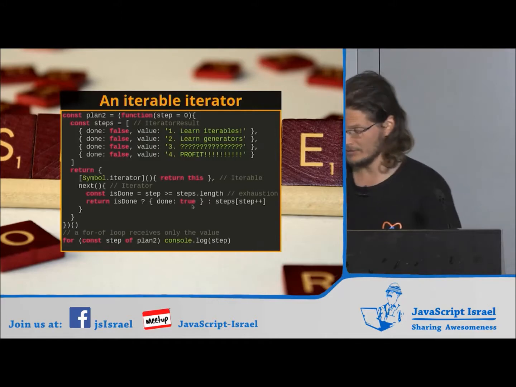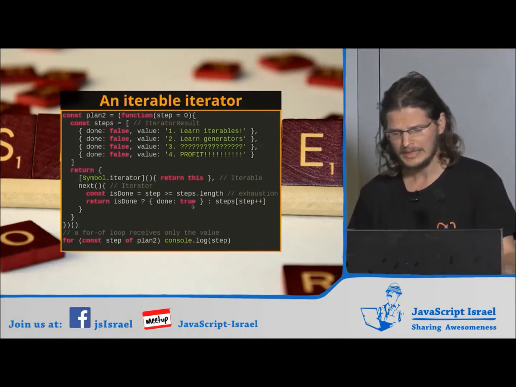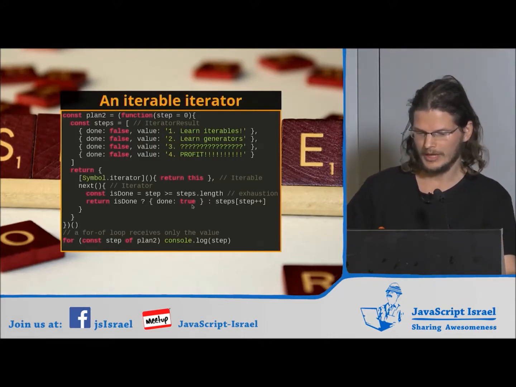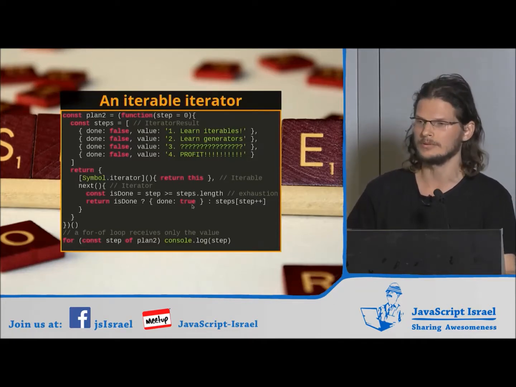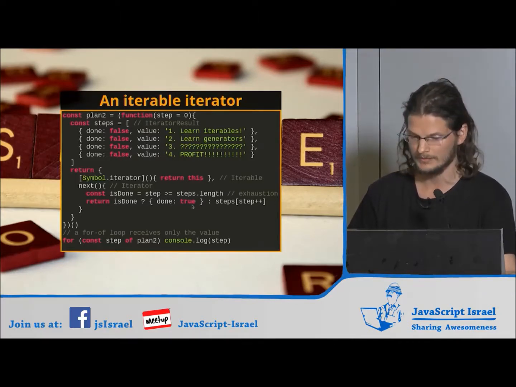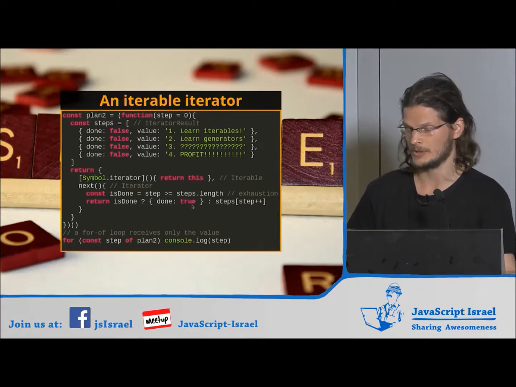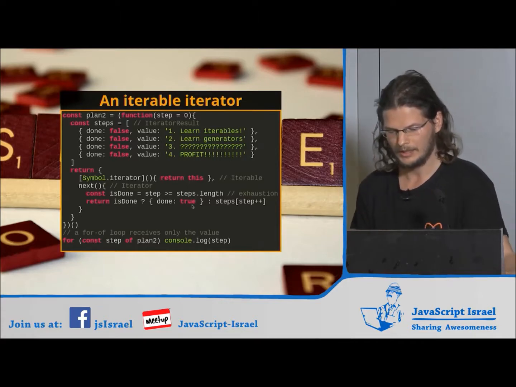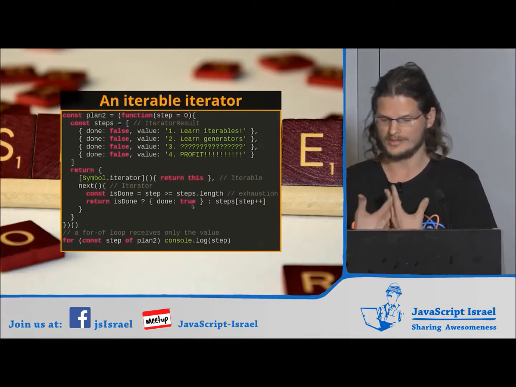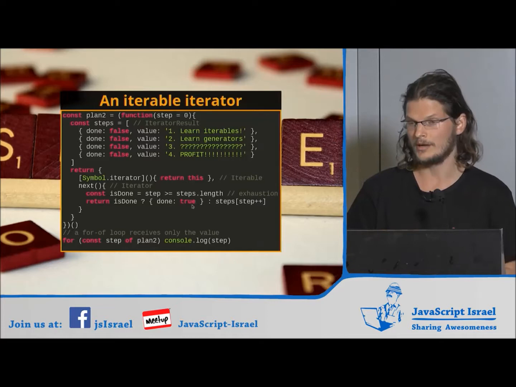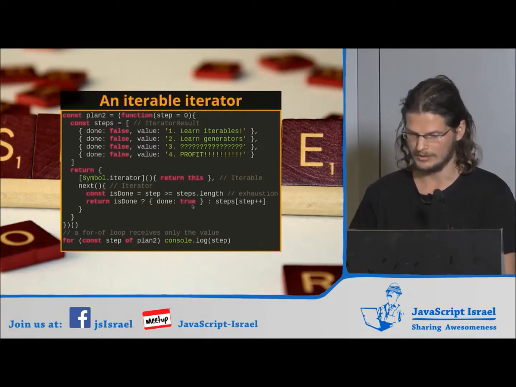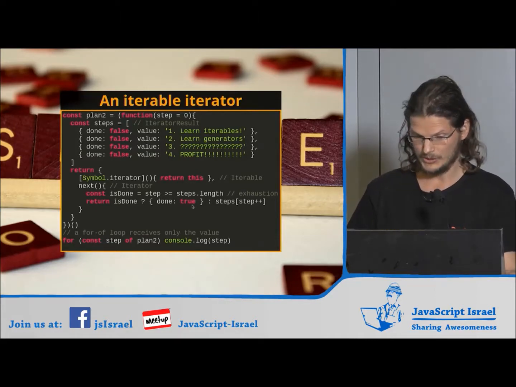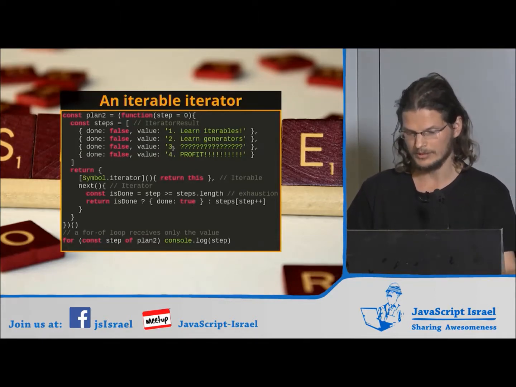So an iterable iterator. You don't have to co-locate the iterable and the iterator in the same object, but it usually makes sense. You can separate them, but they usually go together, and that is also the case with generators. So this is an example of an iterable iterator which implements both interfaces.